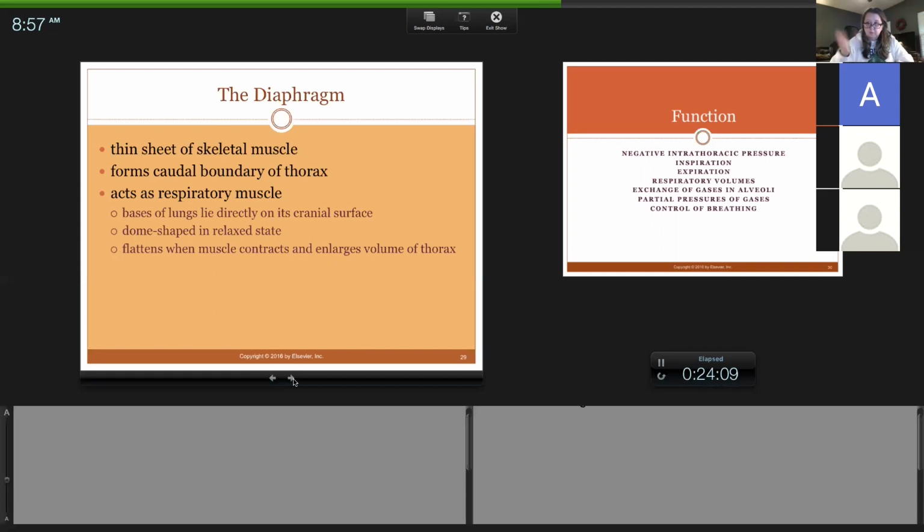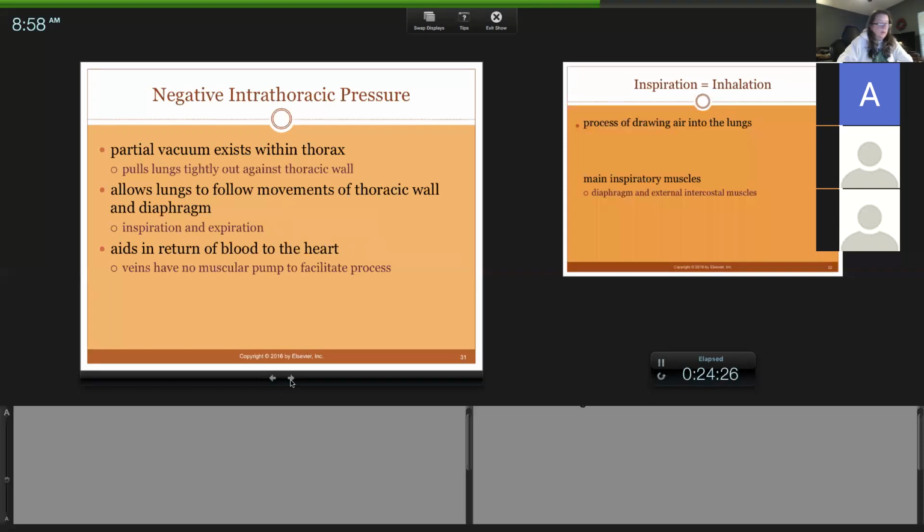It does form a border. Remember, I want you to know the muscles of respiration. So that is the diaphragm, external and internal intercostals, and the abdominal muscles. Those are the muscles of respiration. Now, remember, the pressure of the thorax is negative intrathoracic pressure.